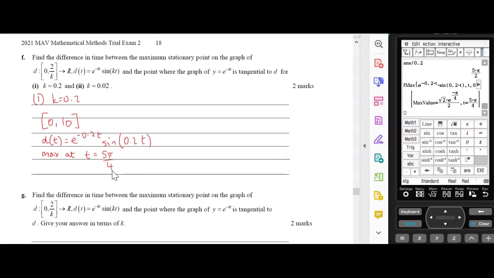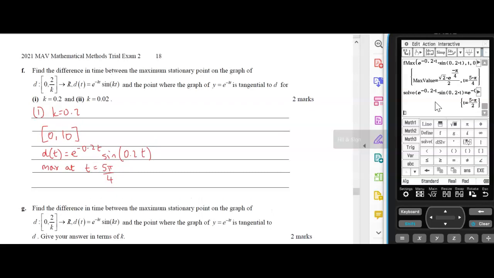And we want to find the tangent. All right, so for the second part, I've just let the two equations equal each other, but just make sure you restrict your domain as well for t. Okay, so similar to what we did in part E. So we're going to get now t equals 5 pi on 2.